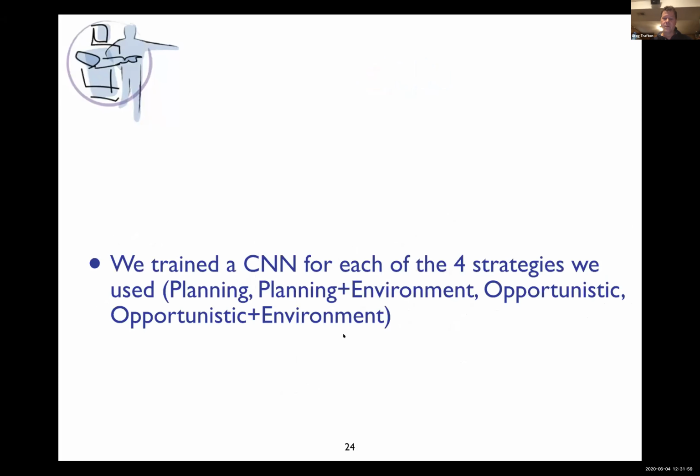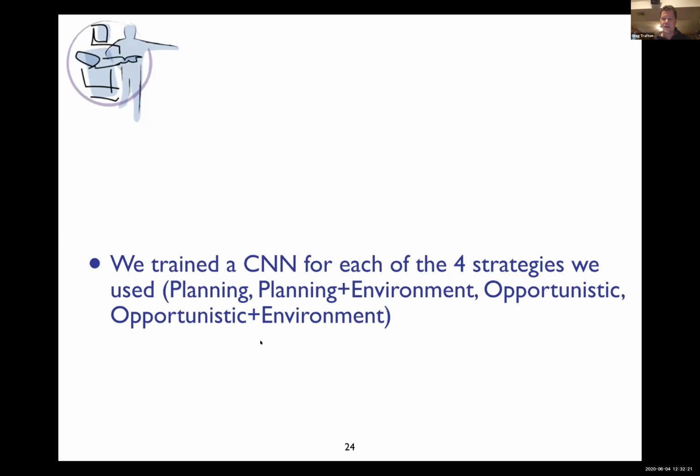So as part of this, we trained the CNN for each of these 4 strategies. Again, these were individual strategies, individual models that were pushed through the CNN. Those strategies are: one planning, one opportunistic, one planning with environment, and one opportunistic in environment.